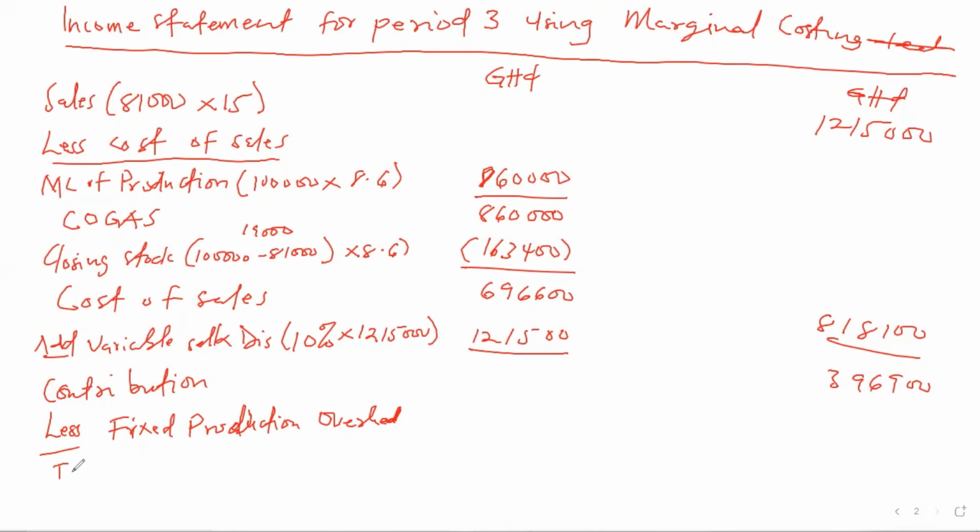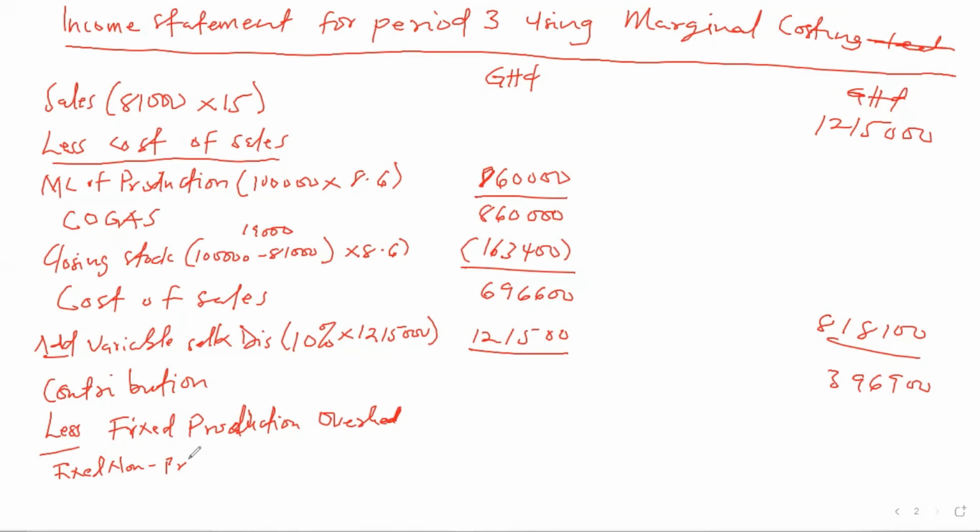So what is our fixed non-production overhead? They are fixed expenses. So sorry, it is fixed non-production expenses. These expenses are not incurred under production.